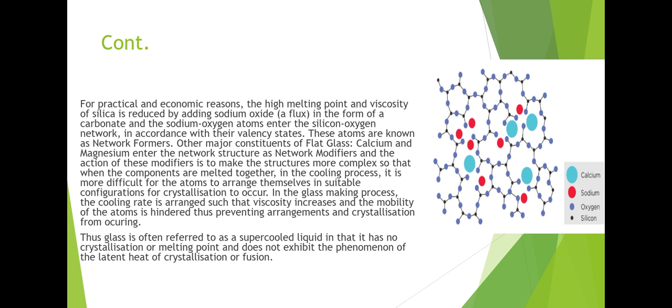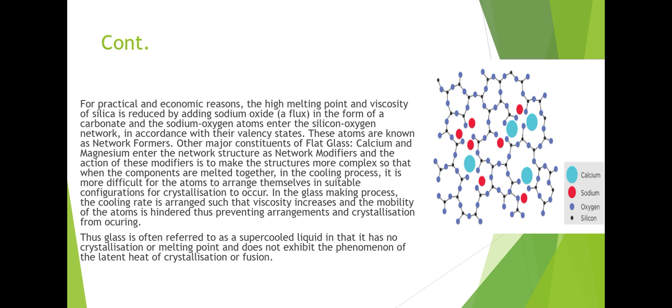Other major constituents of flat glass, calcium and magnesium, enter the network structure as network modifiers. The action of these modifiers is to make the structure more complex, so that when the components are melted together and cooled, it is more difficult for the atoms to arrange themselves in a suitable configuration for crystallization to occur.